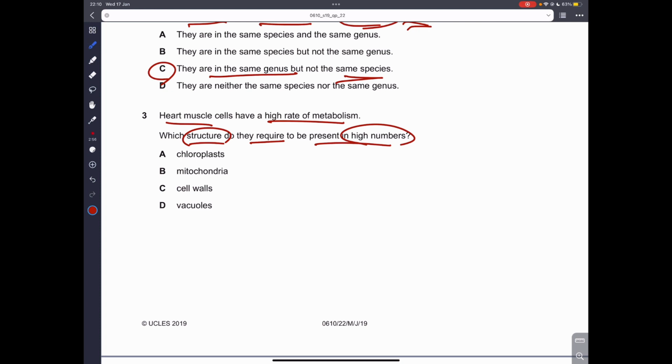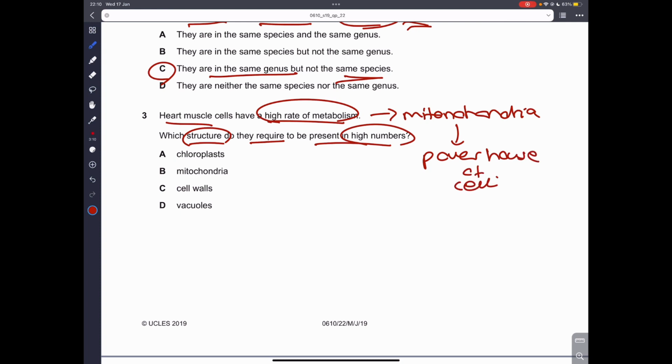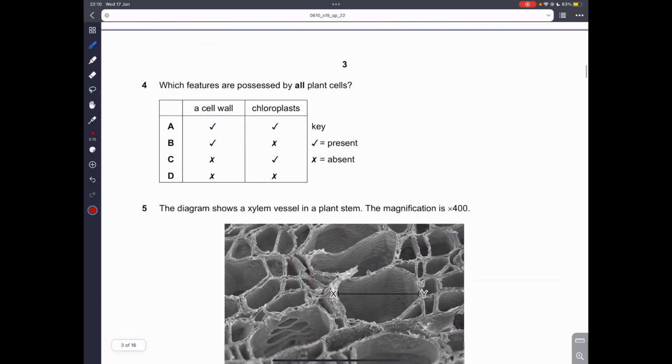If they want high metabolism, always remember that mitochondria is the one to go, because mitochondria is the powerhouse of the cell, in which it produces ATP, adenosine triphosphate. This is the energy. So B.